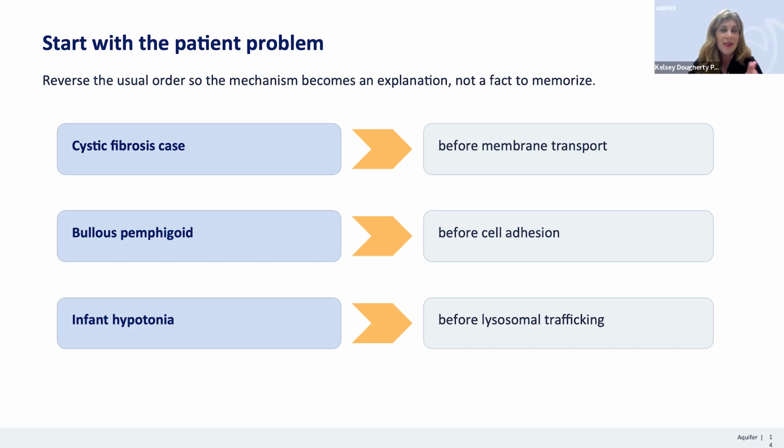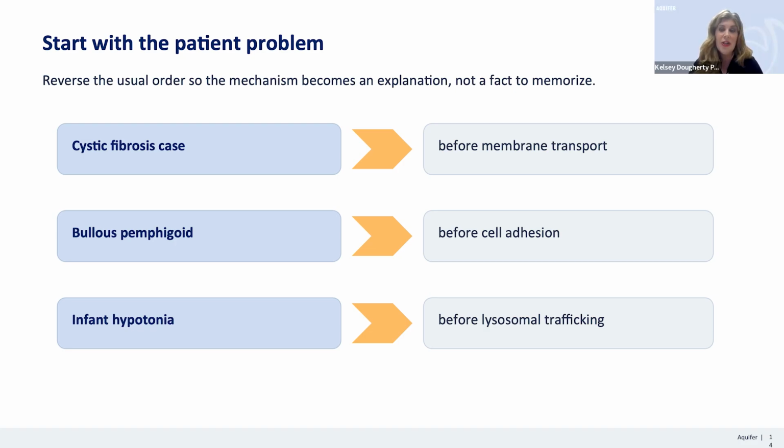Next slide. Still talking about foundational reasoning and basic science, here's yet another way to integrate this. Instead of teaching a foundational science concept in isolation and hoping learners can recall it and recognize its relevance, begin with a patient problem that then creates a reason to learn or revisit the basic science mechanism.